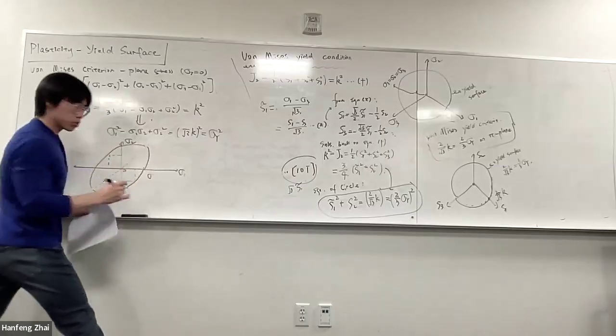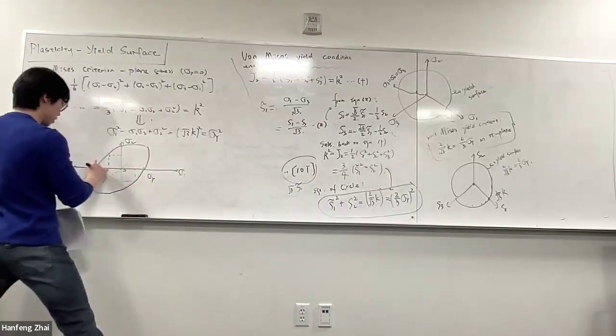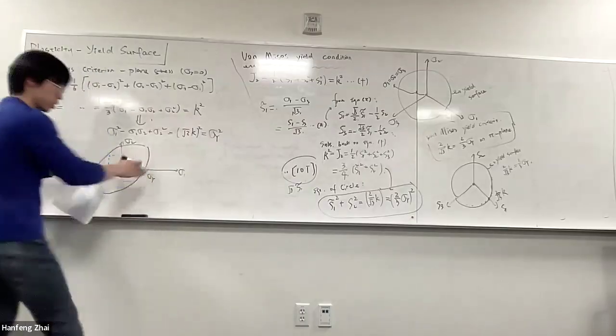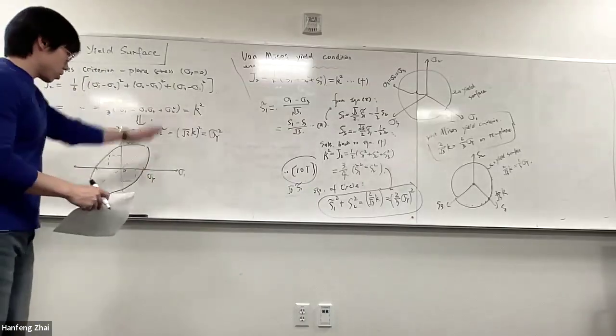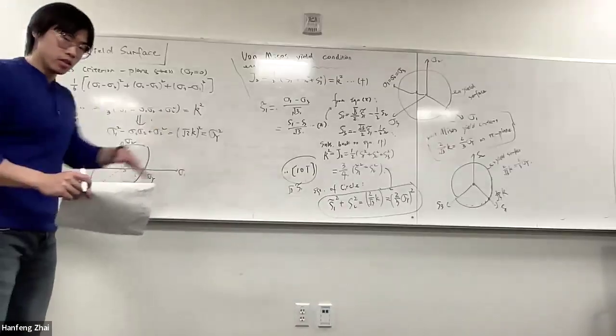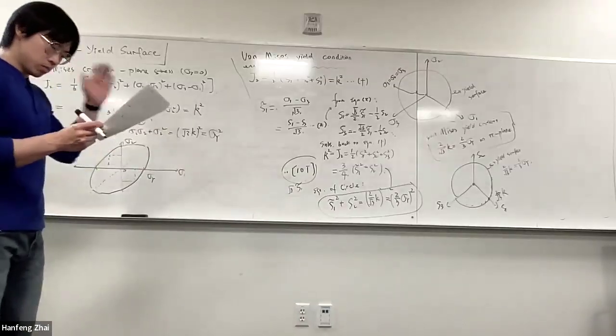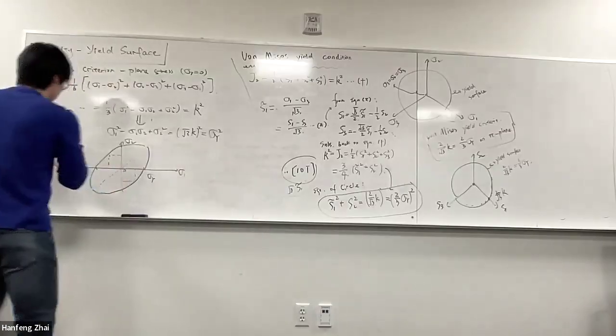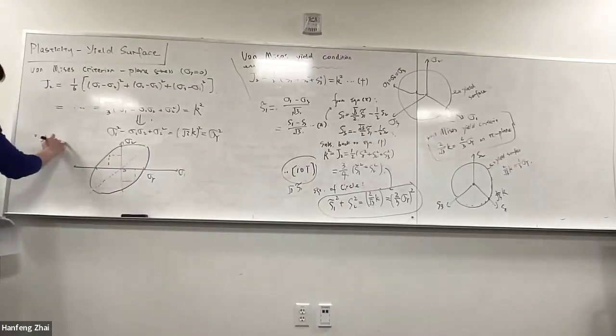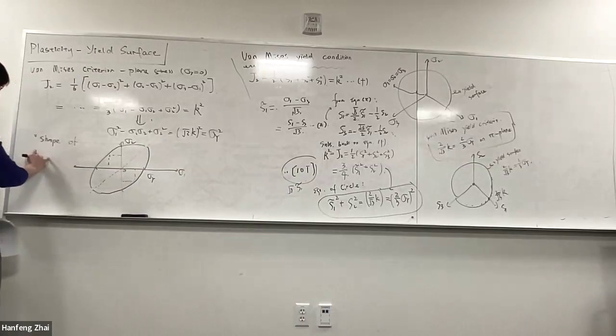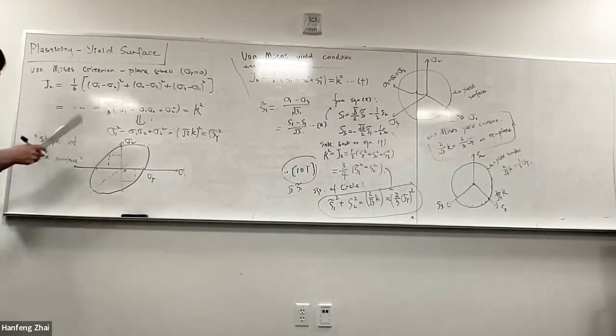And this is the yield stress, sigma y. The intersection between the yield surface shape and the principal stress axis should be sigma y. So this is what we call the shape of the yield surface in 2D under plane stress.